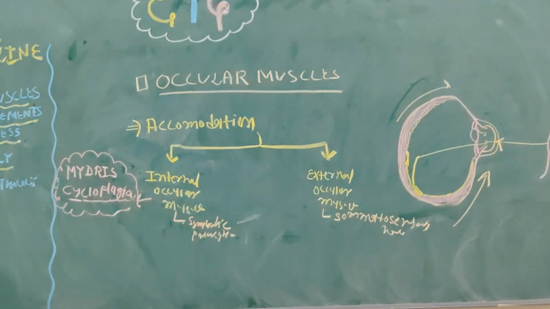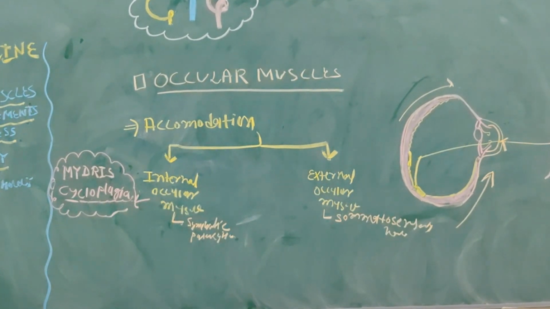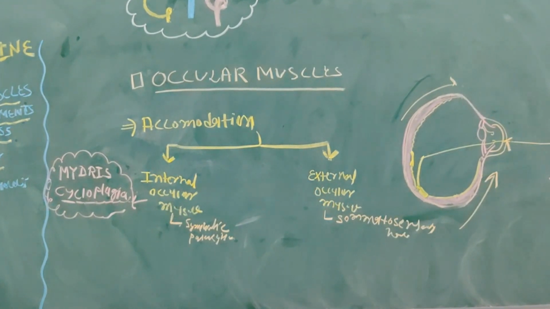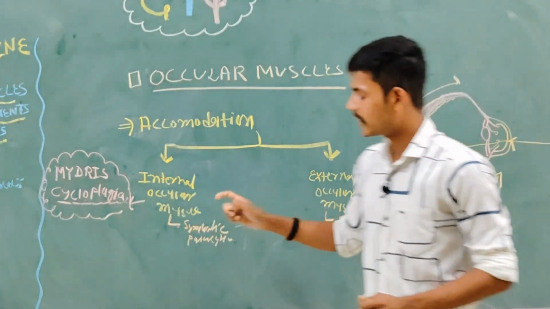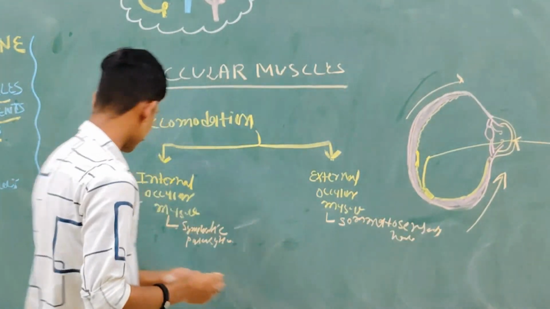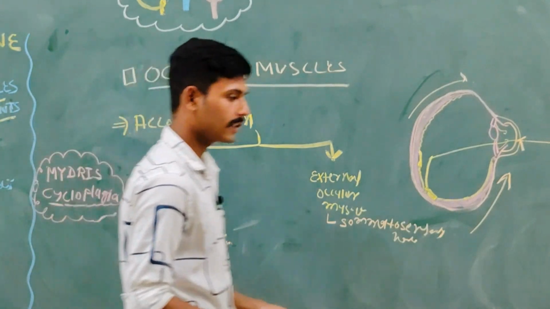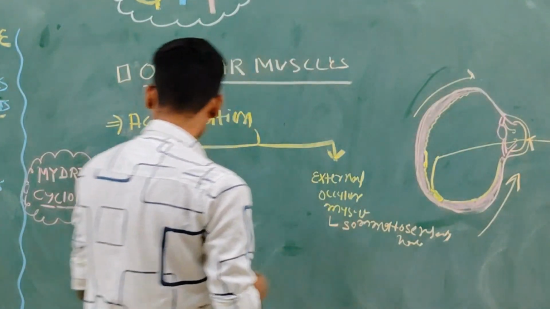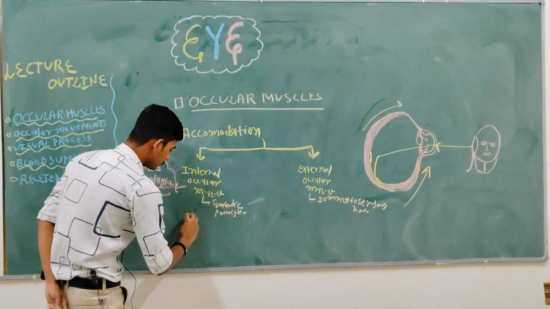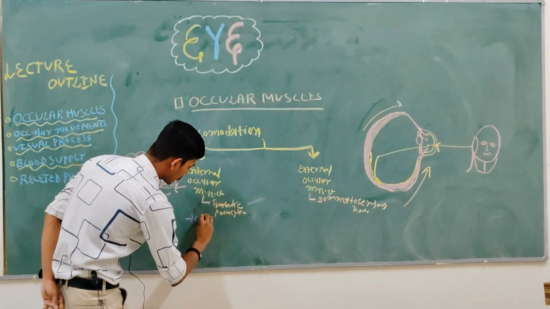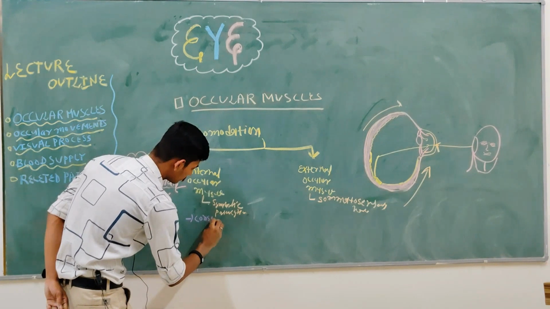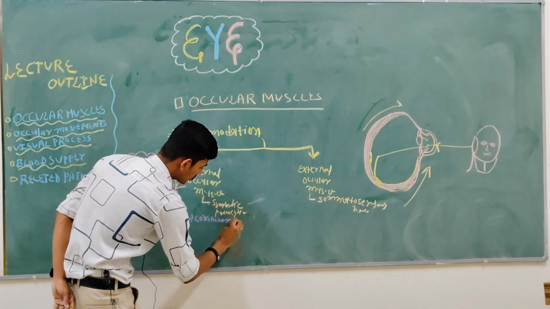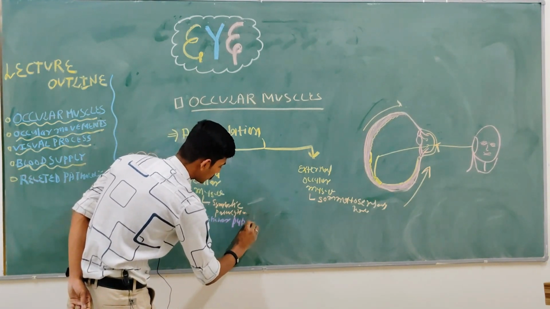No problem? Now there are three types of intrinsic muscle. Write down the names of the internal ocular muscles. The first one is constrictor pupillae.